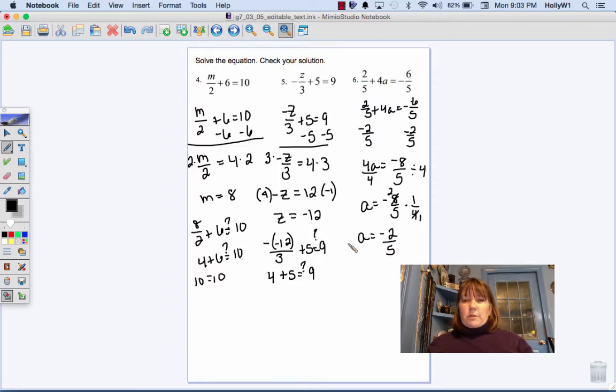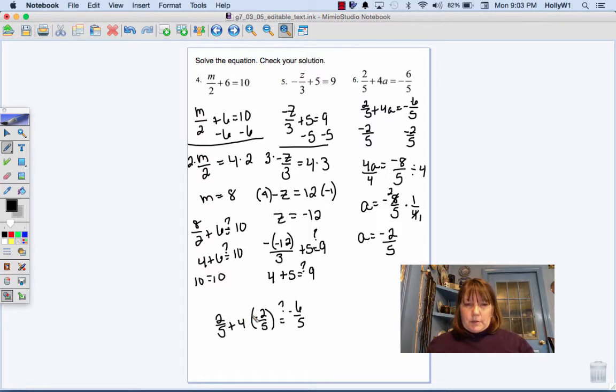So let's see if that works. I'm going to do it down here because I think my face is over there somewhere. So 2/5 plus 4 times negative 2/5, is that equal to negative 6/5?